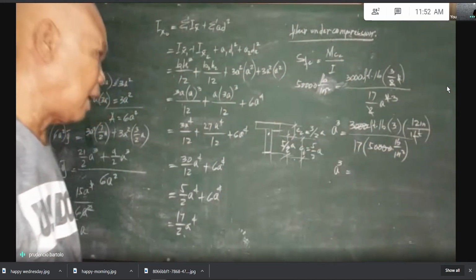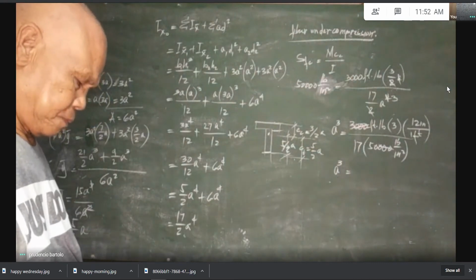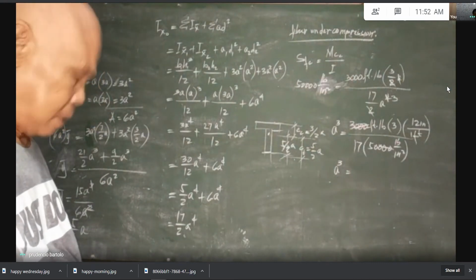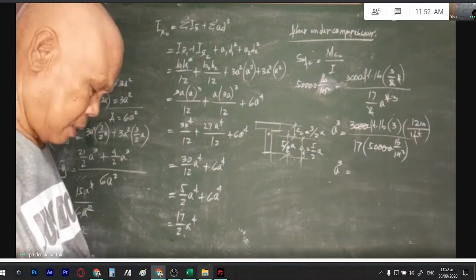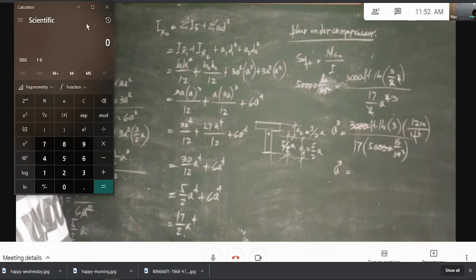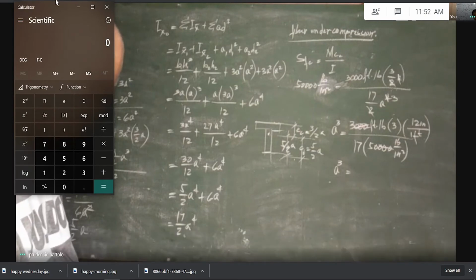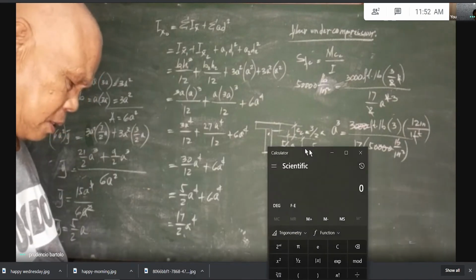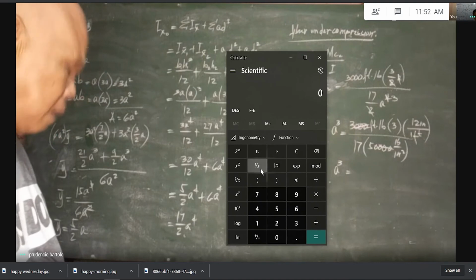So that is now 3 by 3 by 12 over 17 over 50.